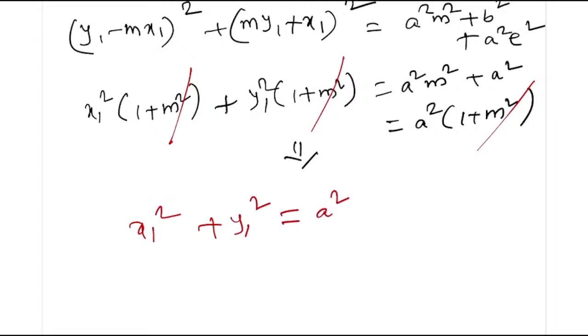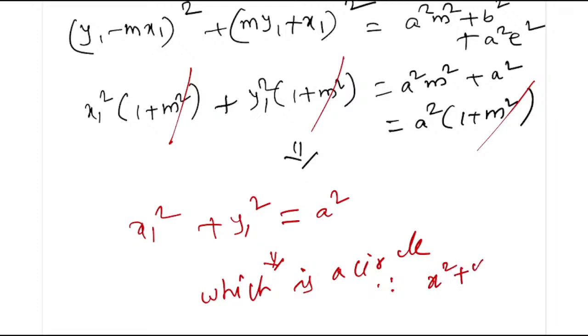Therefore x1 square plus y1 square is equal to a square, which is a circle. So the locus is x square plus y square is equal to a square, a circle with the same center as the center of the ellipse. Therefore it's called a concentric circle with the ellipse.